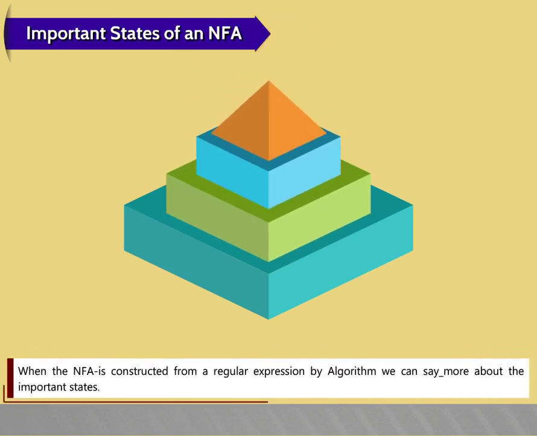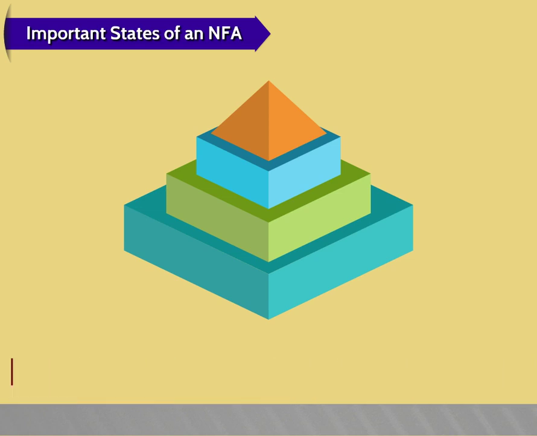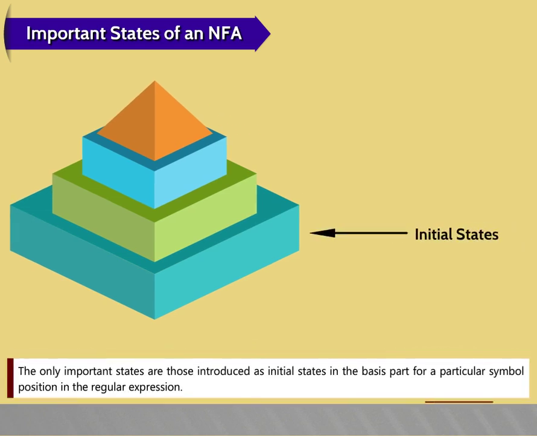When the NFA is constructed from a regular expression by algorithm, we can say more about the important states. The only important states are those introduced as initial states in the basis part for a particular symbol position in the regular expression.